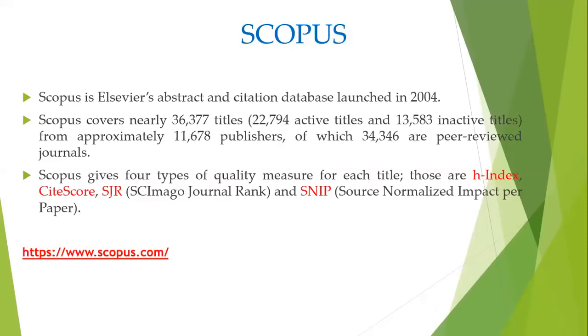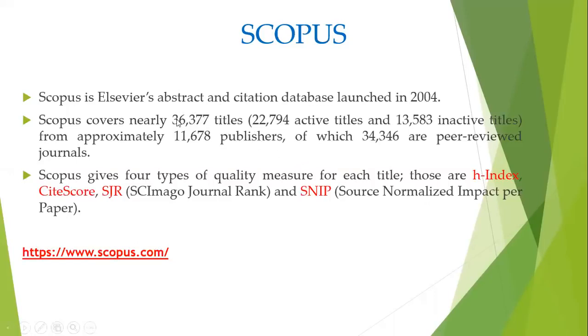Elsevier is a publisher which is very active in the STEM field, in science, technology, engineering, and management, and they came up with an abstracting and citation database called Scopus in 2004. And right now it contains roughly around 36,000 total titles, periodicals and journals, in this database.